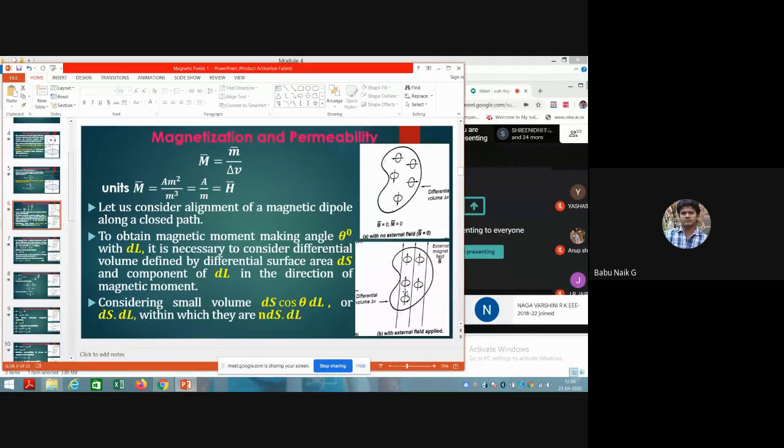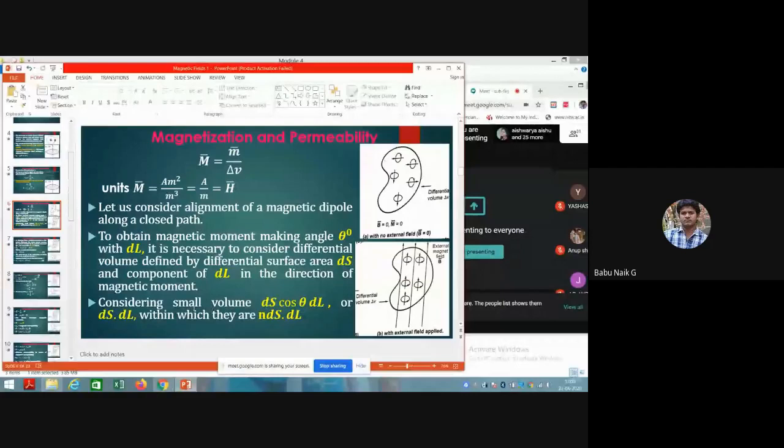Once you apply the external field, you can see that all this dipole moment is in the same direction as the magnetic field, after applying that external source. Before applying that external source, you have the dipole moments in random directions.